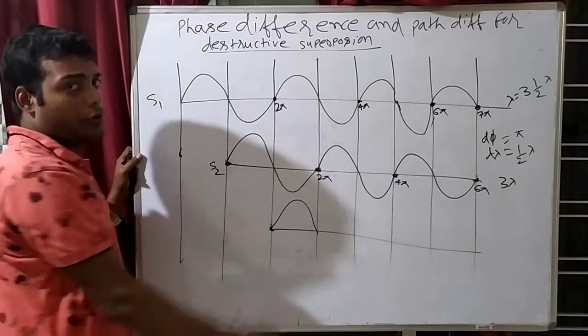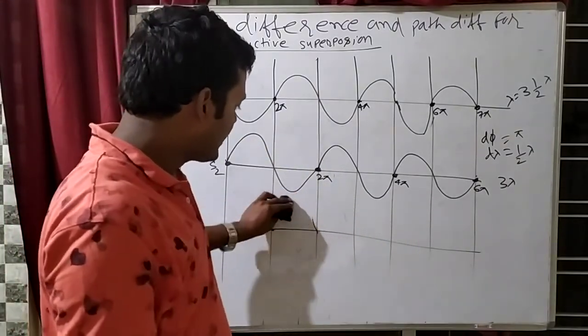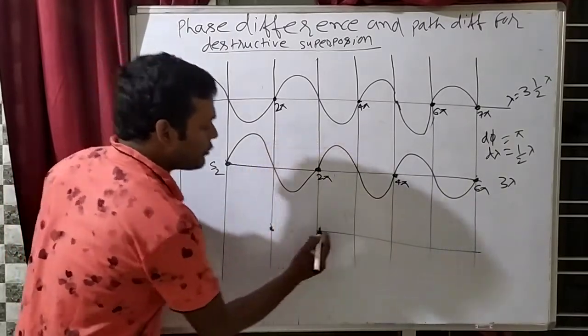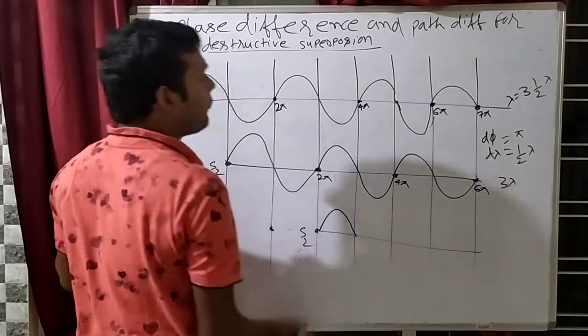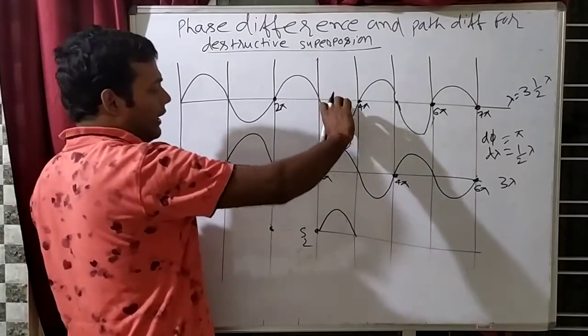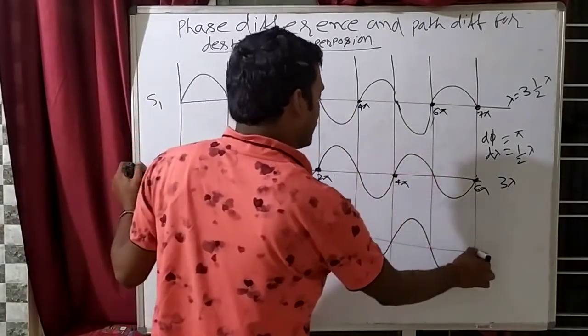So plus 2 will become again constructive superposition. That means we can't place S2 here. That means we have to place our S2 here. If I place S2 here, then this wave will be like this. See here, and here. So minus 2 plus 2 will become 0.